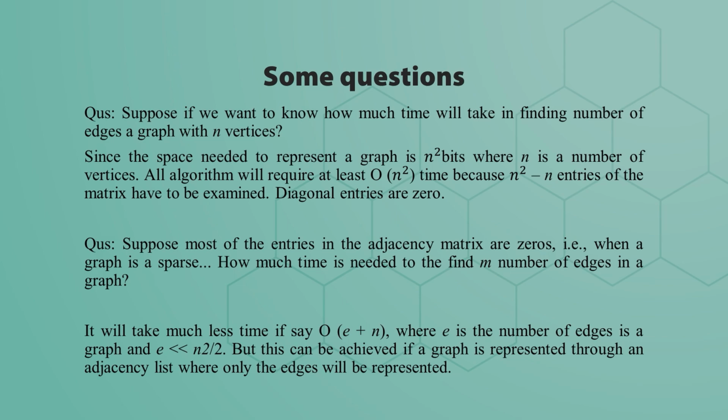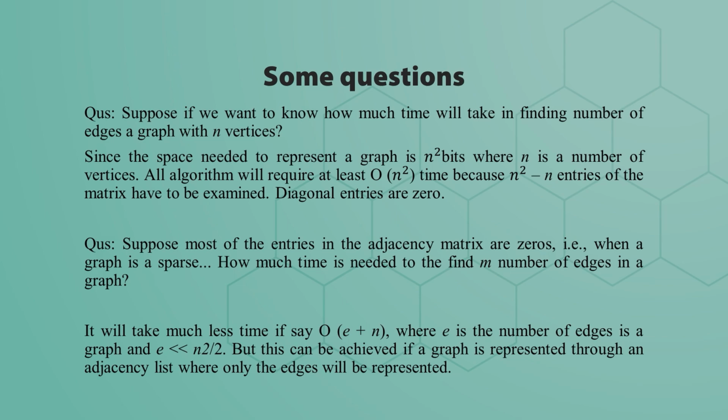It is a kind of matrix, so you have to scan through it one by one. Because there are n square entries, you have to check every one of the entries to examine how many edges there are. So you can directly say that n square is the complexity required for it. And suppose most of the entries in the matrix are 0.